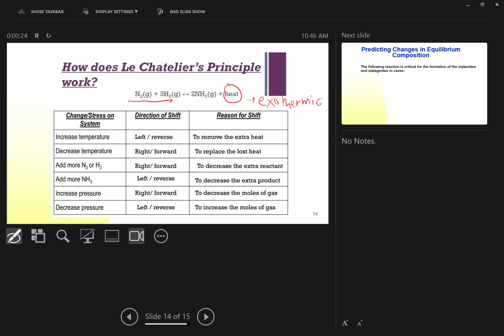Now let's look at the first stress that we just went over. If you increase the temperature, you are adding more product. If you add more product, the equilibrium will lie to the left. That's what it means. The direction of shift is going to be left, meaning that more reactants will form.